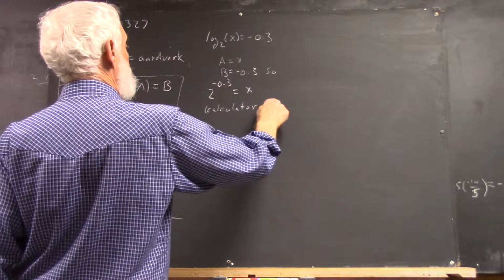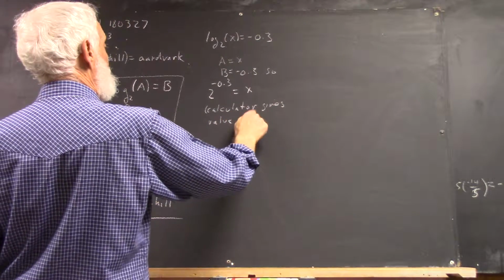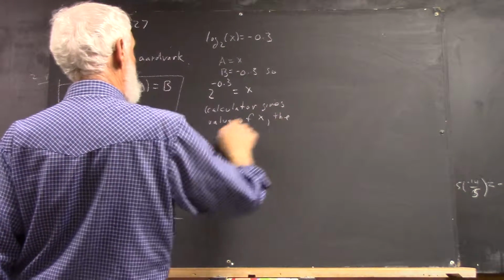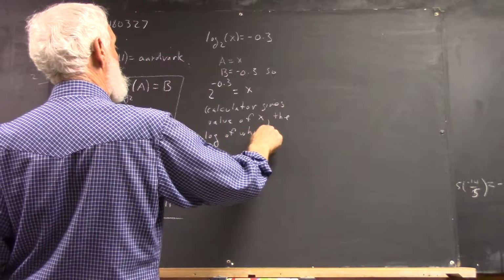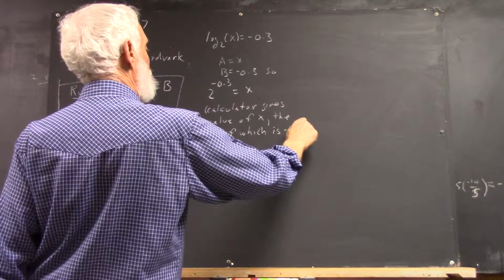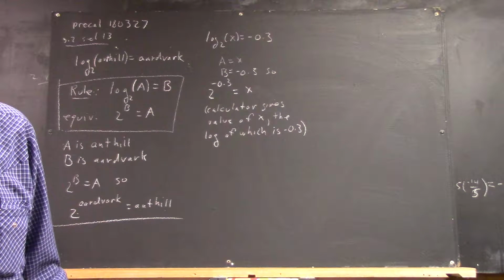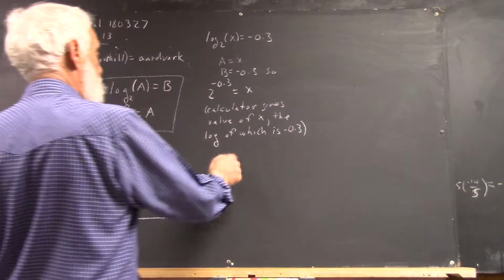The calculator will give you the solution, and that would be the value of x, the log of which is negative 0.3. The number you would take the log of to get negative 0.3. You could estimate what that number is.